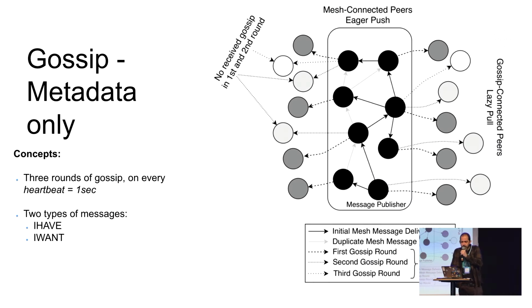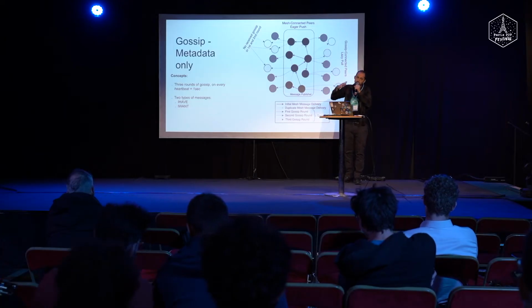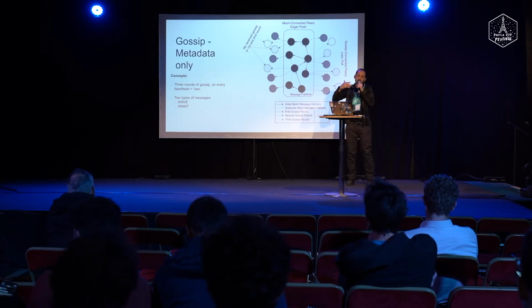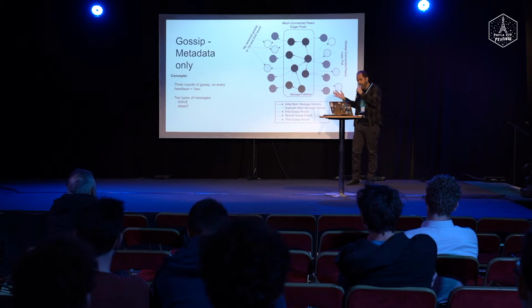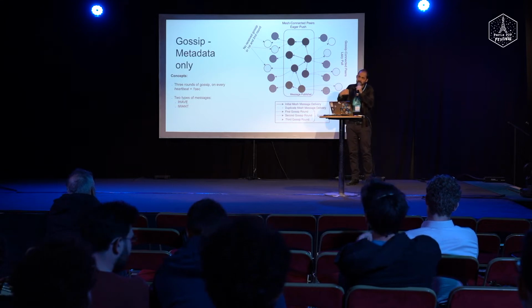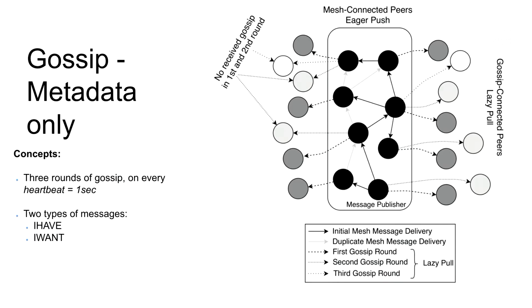So then, okay, gossip. What is happening? More generally, message propagation. In the immediate local mesh of a node, messages are propagated directly. So I am connected to D equal 8 other nodes. If I receive a message, or if I publish a message myself, I send it immediately to all other nodes, okay? So I push the message.